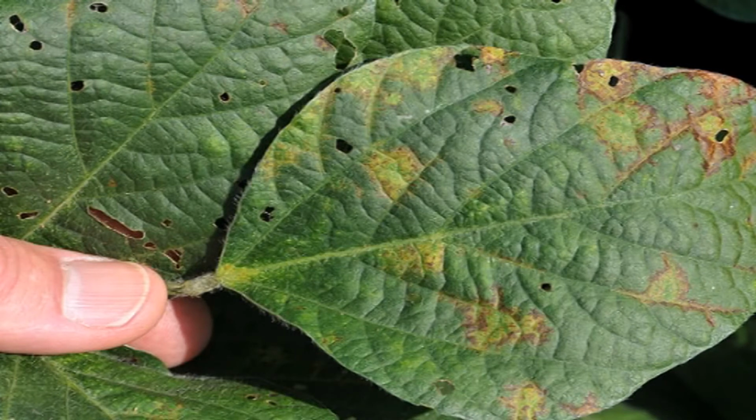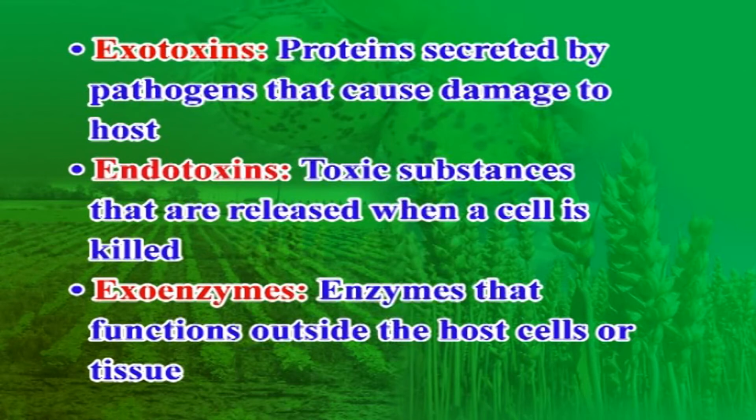There are three types of toxin: exotoxins, proteins secreted by the pathogen that cause damage to the host; endotoxins, toxic substances that are released when a cell is killed; and exoenzymes, enzymes that function outside the host cell or tissue.